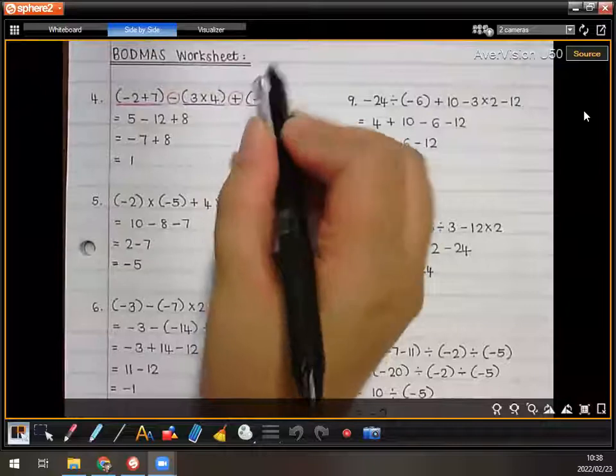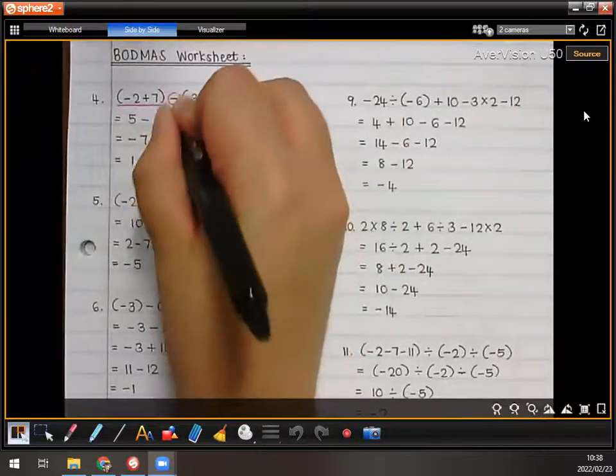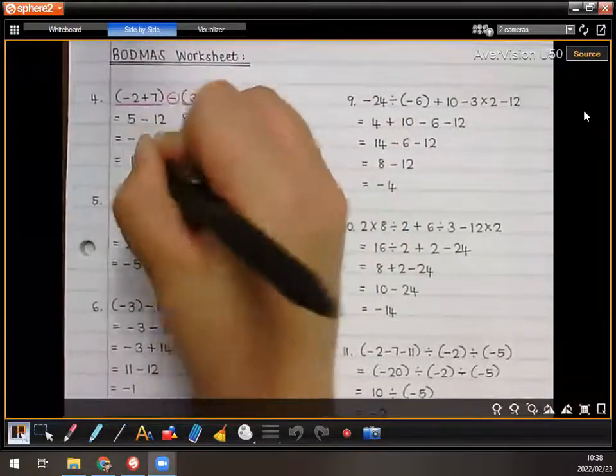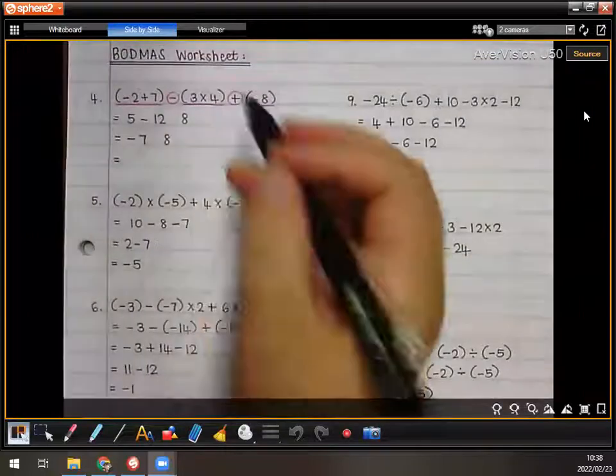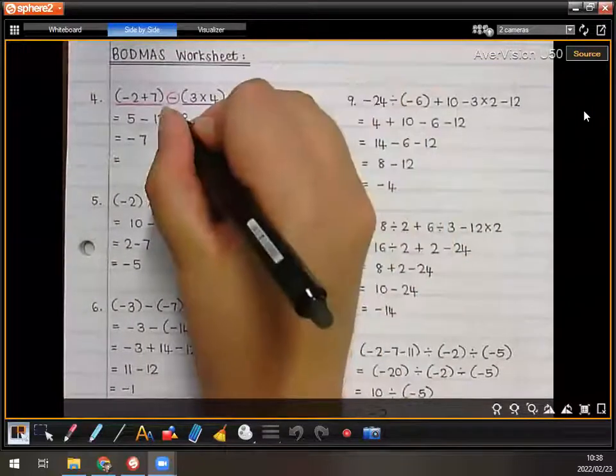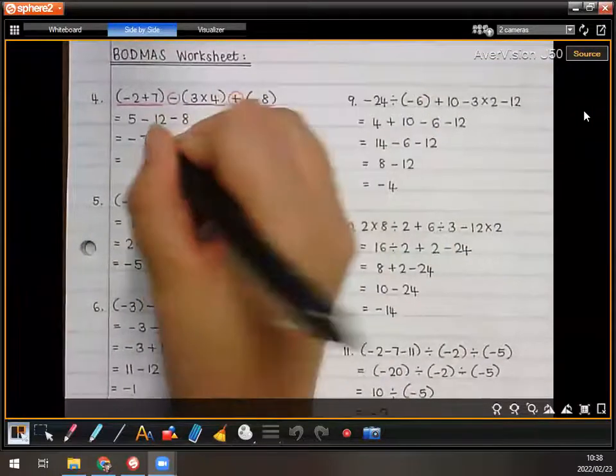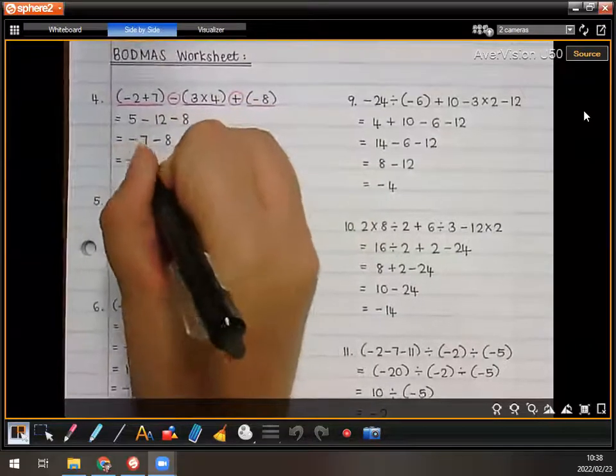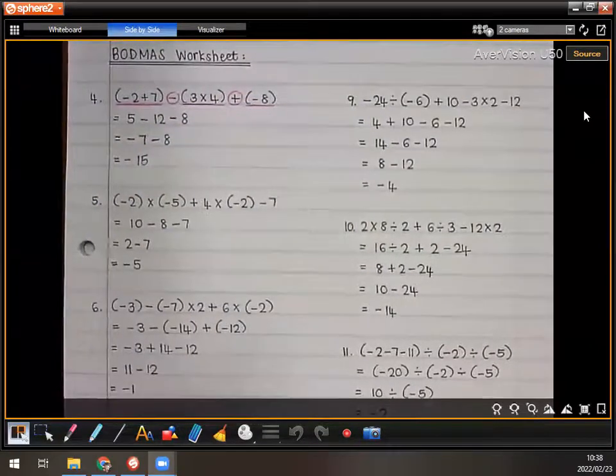Oh, what I did here was I multiplied them together. Sorry. So that is actually correct. What's a positive times a negative? Negative 15. Okay, sorry about that. So that positive times negative is negative, right? That's why I made that plus into a minus. Now you have your three terms.